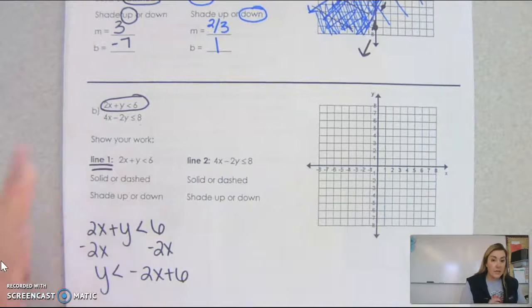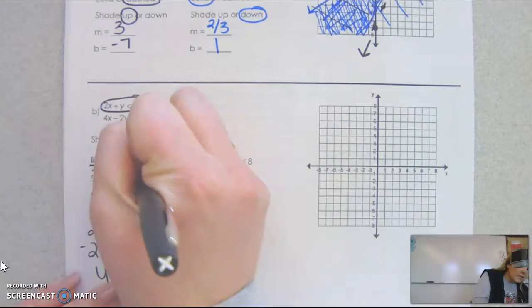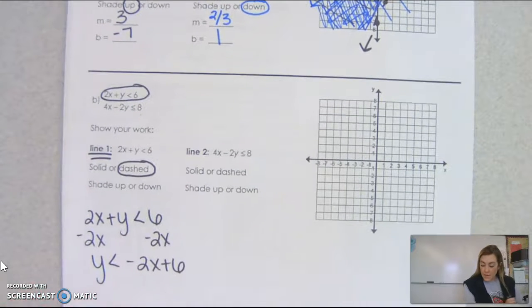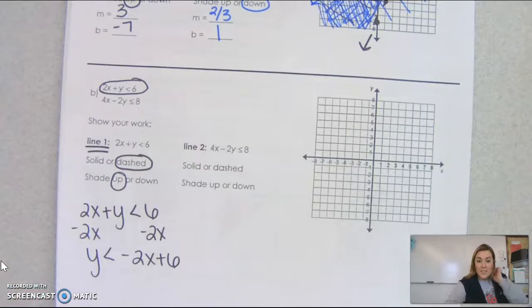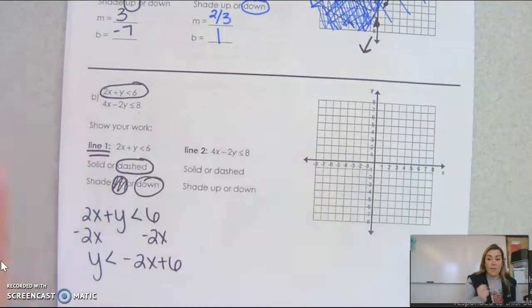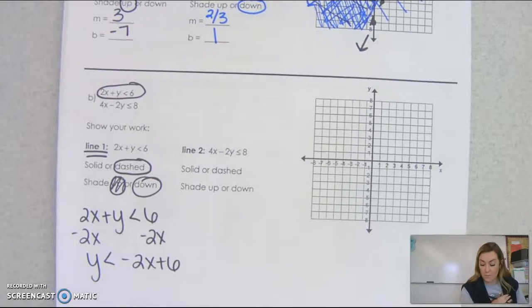So since I have a less than sign, it's not equal to, I know that my line's going to be dashed. And since it's less than, I know that I need to shade down. So less than means shade down.